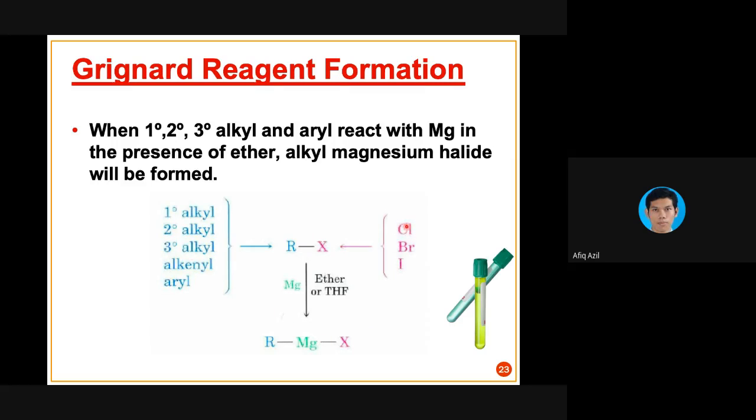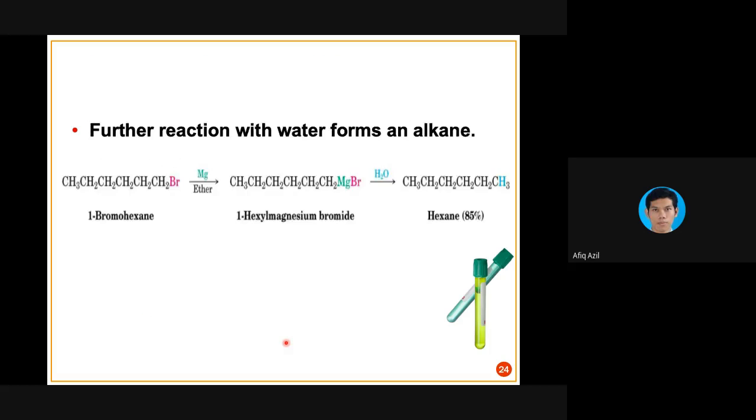MgX can be either one of these halogens. So that is the Grignard reagent, and how it can be formed. Once you obtain this, there are many useful properties to further synthesize other organic compounds.